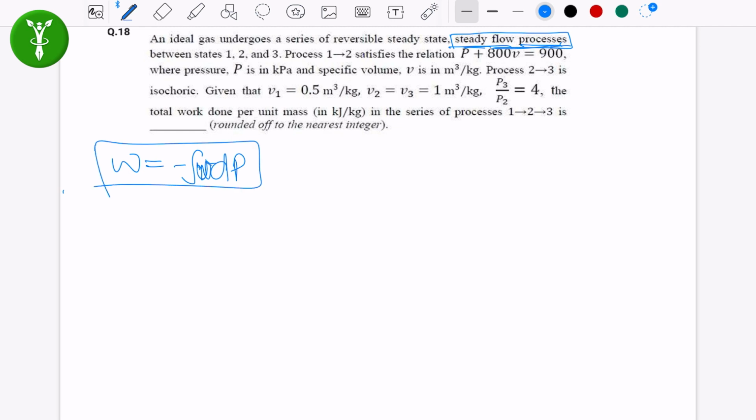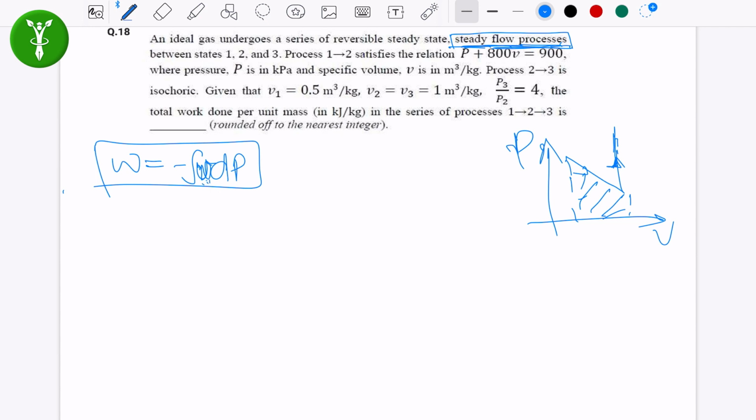Otherwise, you will use the area under the work done, because P you can easily calculate using volume, and once you know P and V, you will calculate the area under the work done, which will be wrong. So this process is coming out to be like this when you use the area under the work done concept. But here it is clearly mentioned that it is a steady flow process. So we have to use this formula.